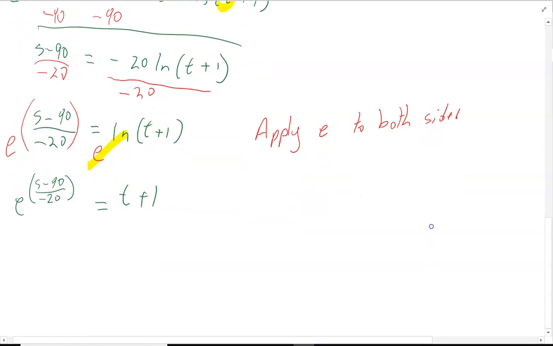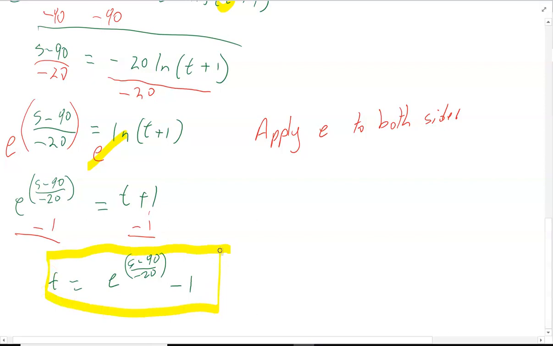And finally, to undo this plus 1, we subtract 1 from both sides. So the final answer will be t equals e to the (s minus 90) over negative 20, minus 1. That is our final answer, and we're done.